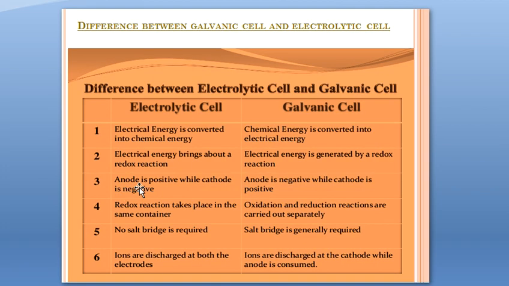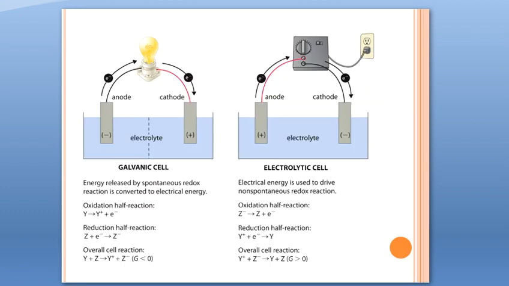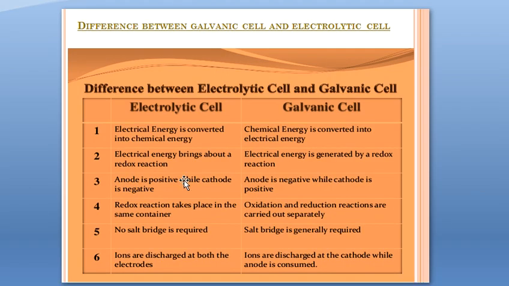That is why you should understand by this point, anode is positive. What do we mean by saying that? Anode is positive in electrolytic cell. In an electrolytic cell, anode is linked to the positive terminal of the battery. That is why it is called a positive electrode in an electrolytic cell, right?